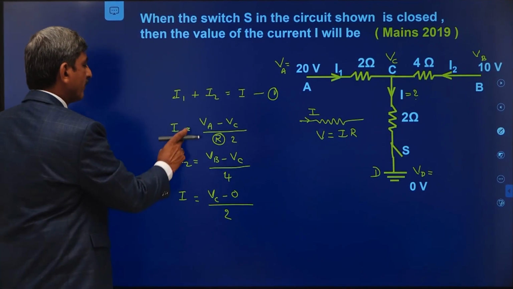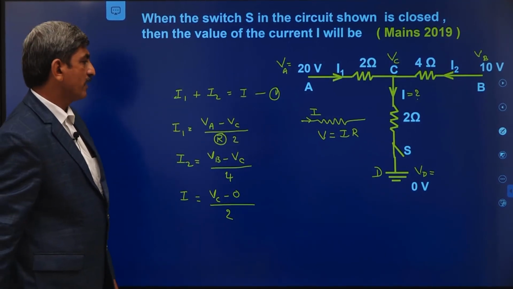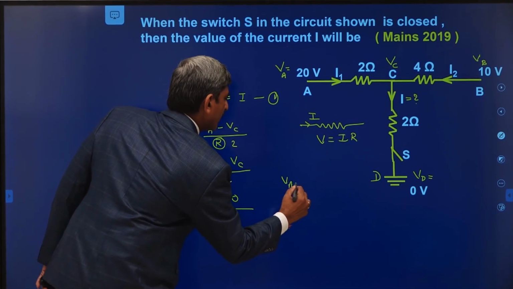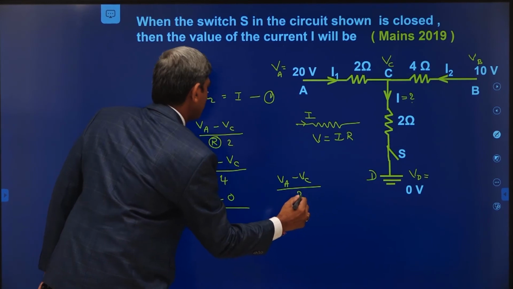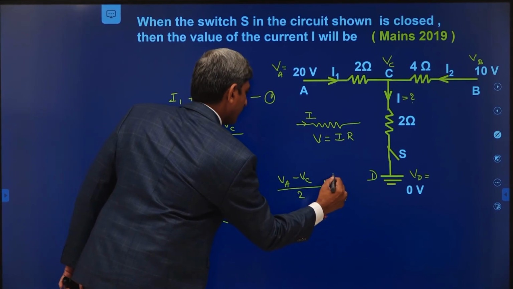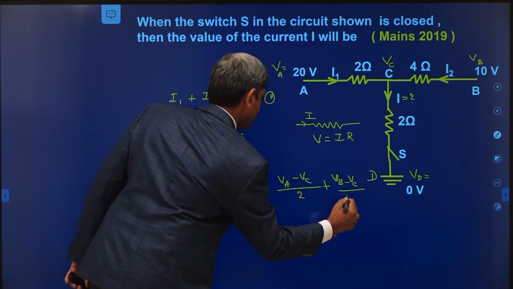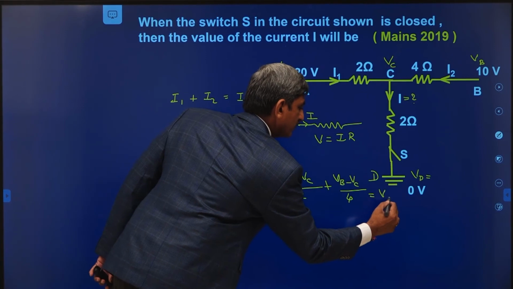Now we have I1 value, I2 value, I value. Substitute those values in equation number 1. By substituting we have VA minus VC divided by 2 plus VB minus VC divided by 4 is equal to VC by 2.